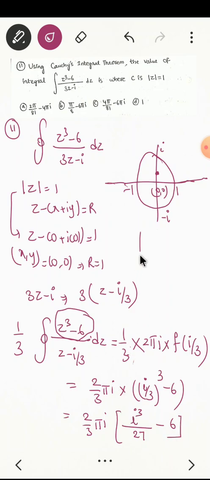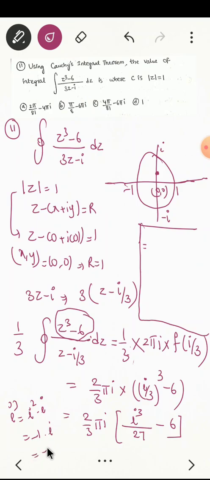Now I will do the calculation here. I cube I can write as minus i. Why? Because i cube equals i square into i, and i square is minus 1, so it is minus i.